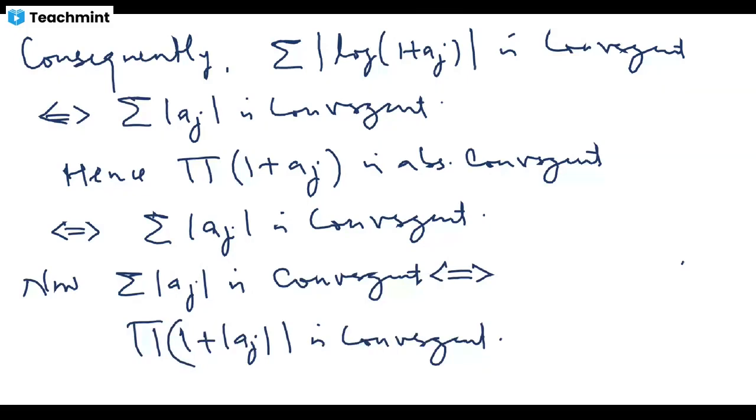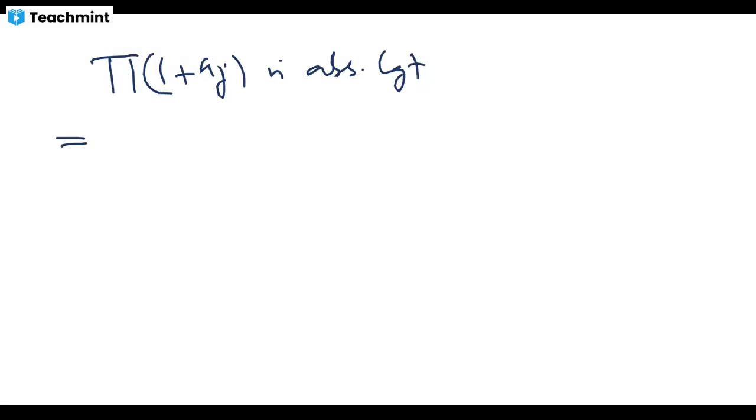So you have this equality. So you have two results equivalent to say that 1 plus aj is absolutely convergent if and only if this product 1 plus mod aj is convergent.